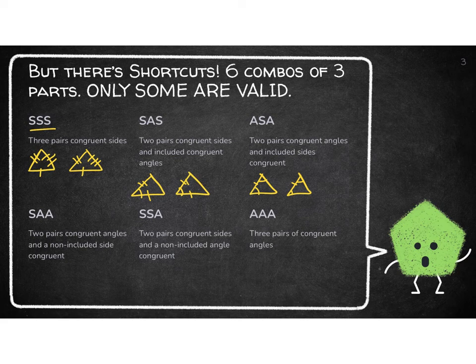Side angle angle would be 2 pairs of congruent angles and a non-included side that were congruent. So something like this, and then a non-included side. Then we have side side angle, which is where I have 2 congruent sides and an angle that's not included in between them to be congruent. So like this.